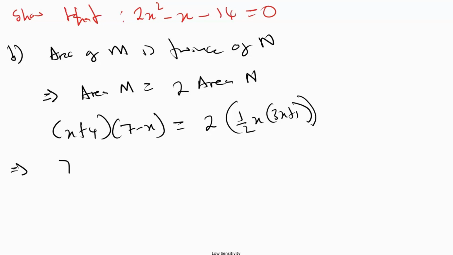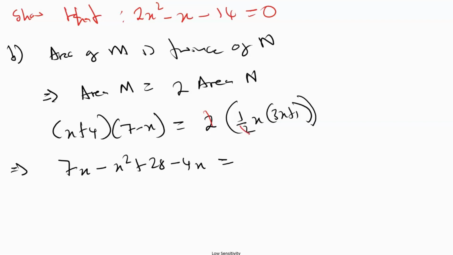Alright, so we have 7x minus x squared plus 28 minus 4x. That's the left hand side. On the right hand side, these two cancel each other.